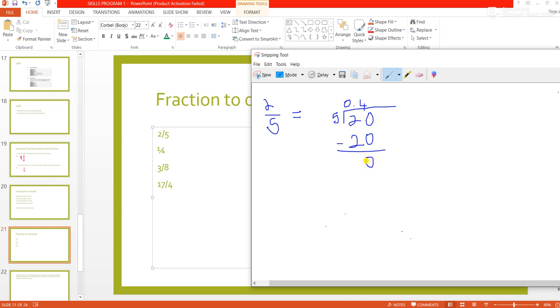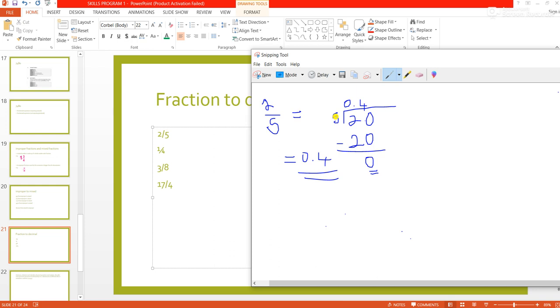Our aim in this instance is to get a 0 at the end. Our final answer will be on the top. So 2 divided by 5 will equate to 0.4.